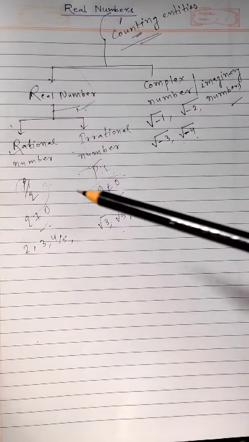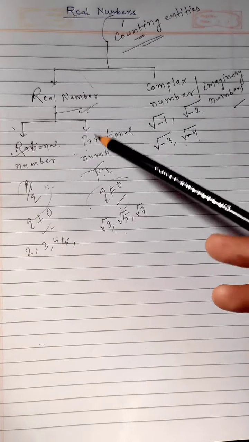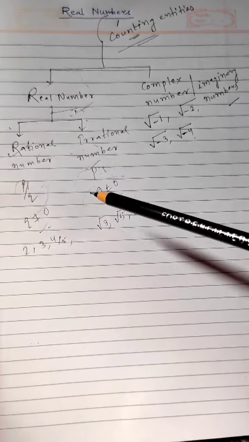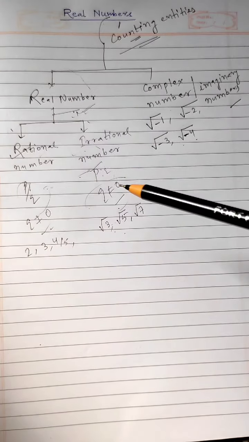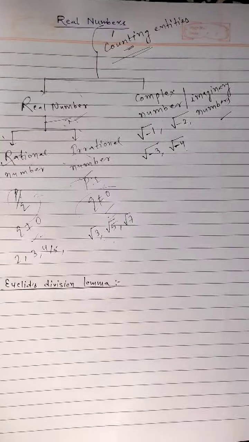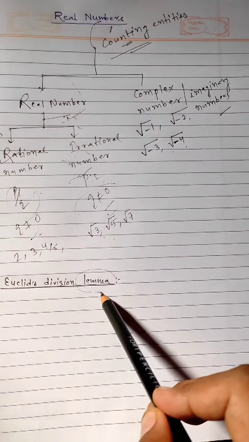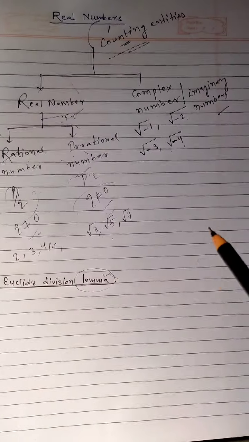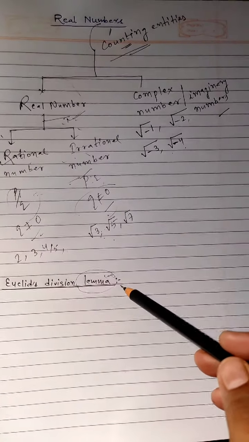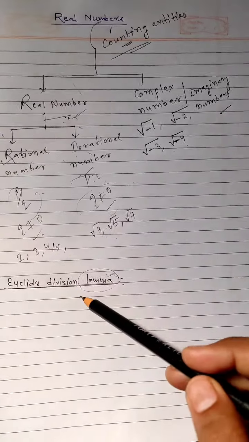Till now we have studied the real numbers, and which numbers come under real numbers, that is rational and irrational. But now we are going to discuss what Euclid's division lemma is. So before discussing this, we need to know what a lemma is. This is a very easy term: a lemma is an already proved statement, which is used to prove other statements.